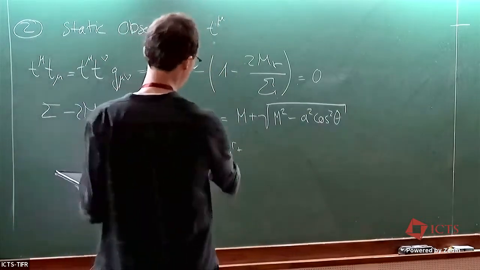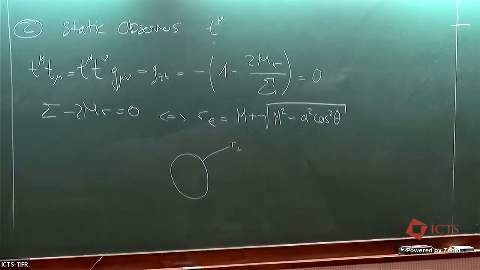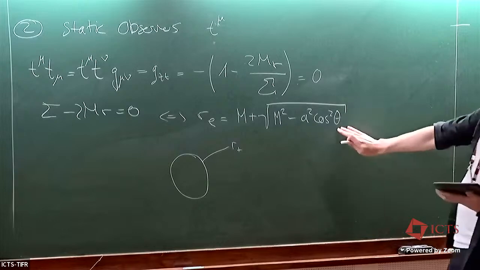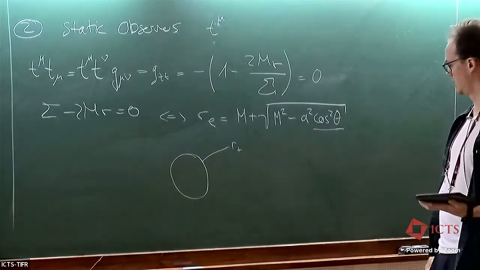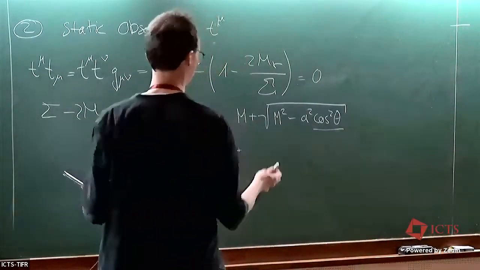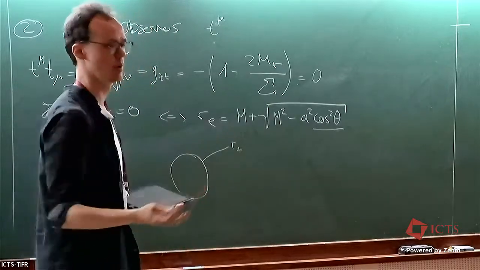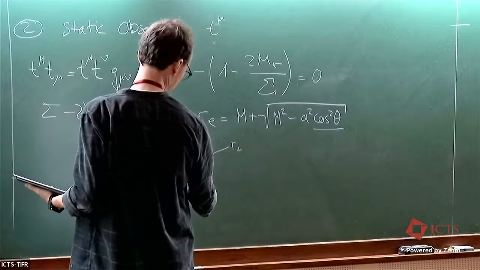But then as you can see, the region where this T squared becomes null does actually depend on the coordinates. It's not just the radius, but it depends on the polar angle. And this is of course very gauge dependent, dependent on the coordinate system that you pick, but the way this kind of looks like is the following.